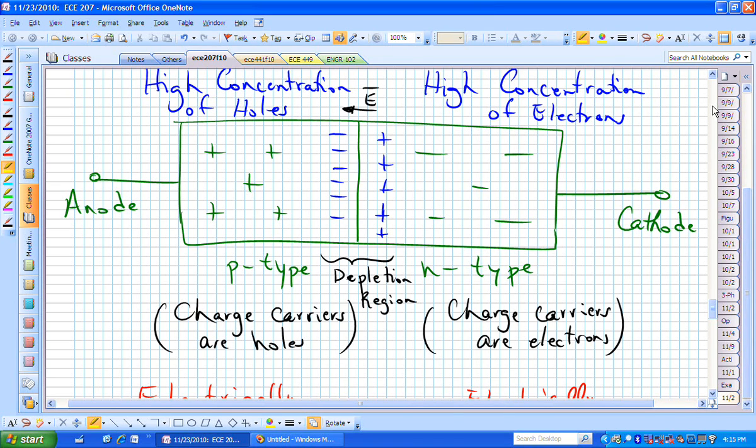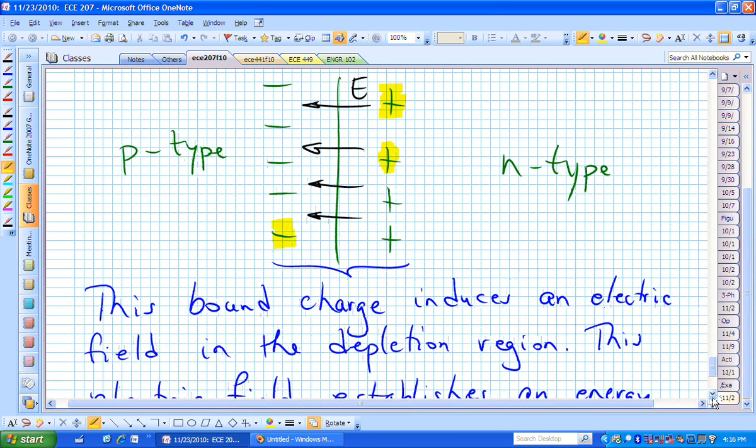I haven't applied anything yet to my anode and cathode, and naturally when I sandwich these together, because of the concentration differences on the N and P, the electrons wanted to go left and the holes wanted to go right, and that establishes this depletion region. Inside that depletion region, I now have this electric field established because of uncovered holes, or positive charge, and uncovered electrons on the right and left, respectively.